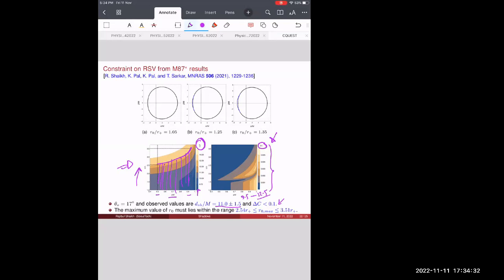If we find this R naught value, here R naught is 2.54 R plus, and here R naught is 3.51 R plus. So as far as the M87 result is concerned, if the maximum value of the parameter R naught, the throat radius of the RSV metric, lies in this range or below, then its shadow is consistent with the observed shadow of M87.